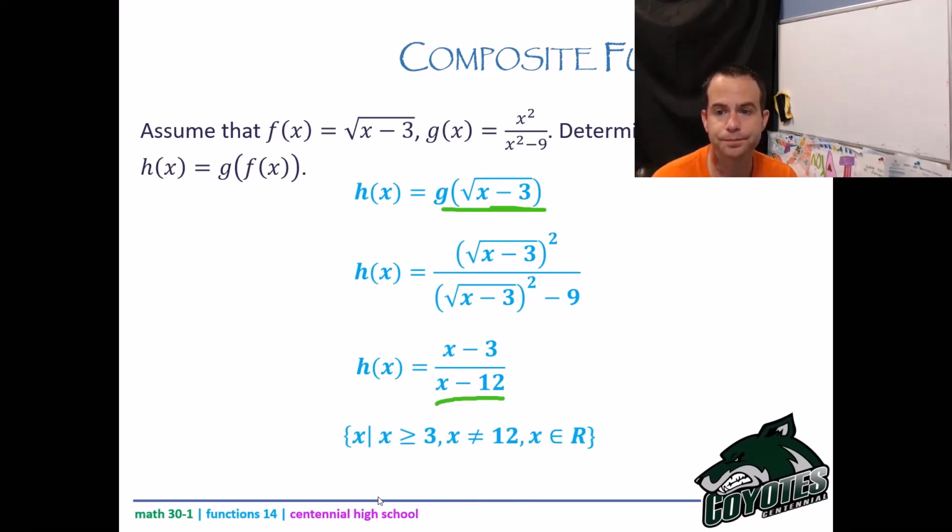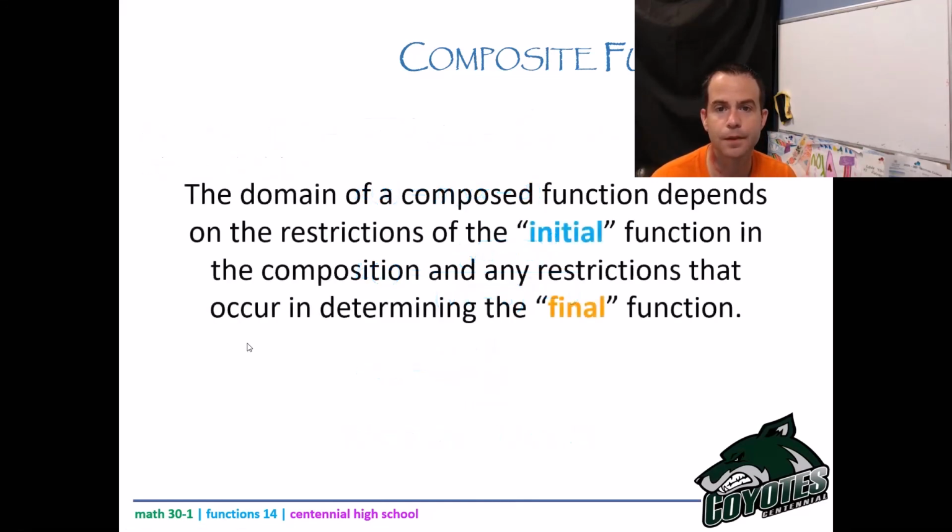Awesome. Okay, so again, just to make sure you're cool with this, the domain of a composed function depends on the restrictions on the initial function in the composition, so the one I'm putting in, and any restrictions that are in the final function, okay?